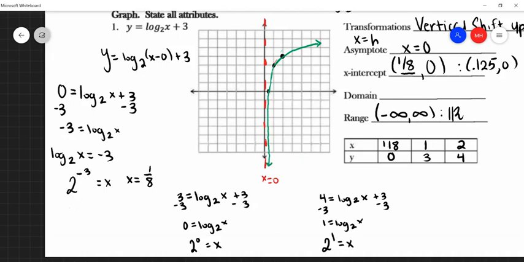So all that's left is my domain. Domain is going to be based on my asymptote. In this case, that's 0. And if I look at my x's, it heads to positive infinity. So we are 0 to infinity, or I could say x is greater than 0, since it's everything bigger than 0.